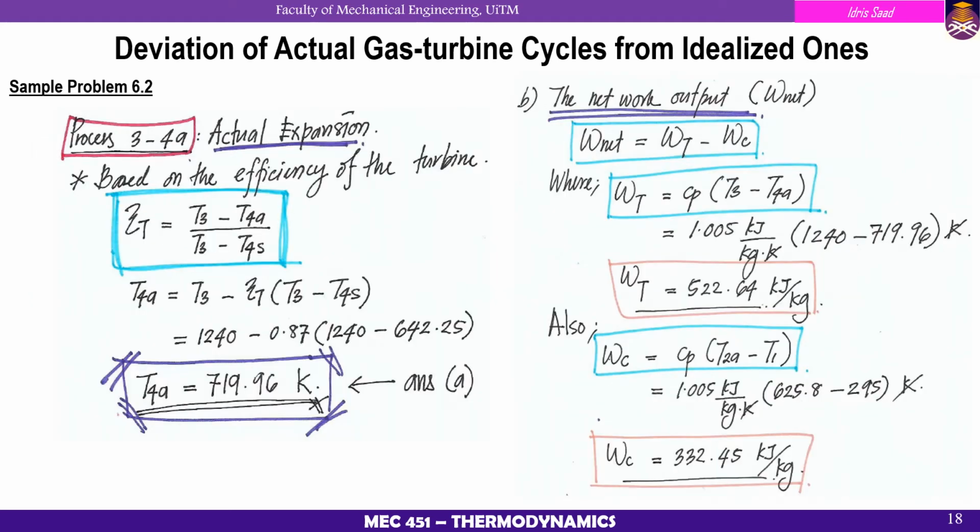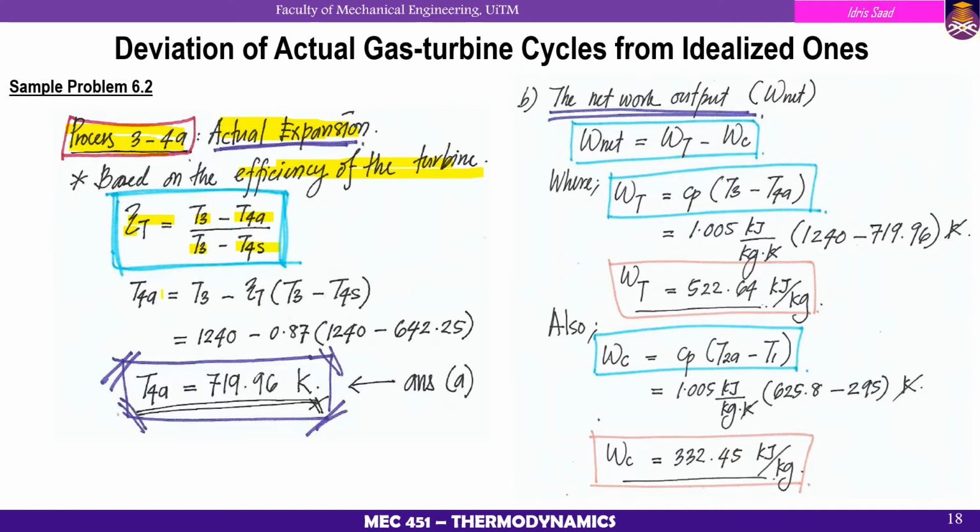The last process for the deviation of actual gas turbine cycle from the ideal one is process 3 to 4A. So in this process, basically this is the actual expansion. Similarly to the actual compression, we can use the efficiency, in this case the efficiency of the turbine. So we know that the efficiency of the turbine is equal to (T3 minus T4A) over (T3 minus T4S).